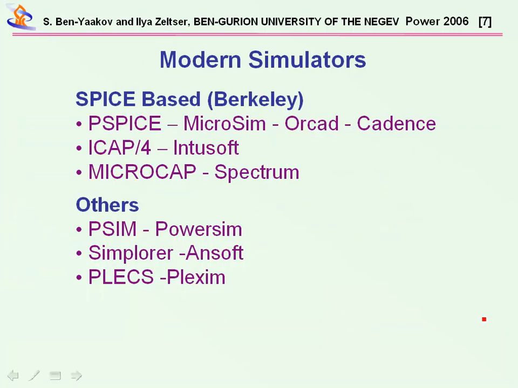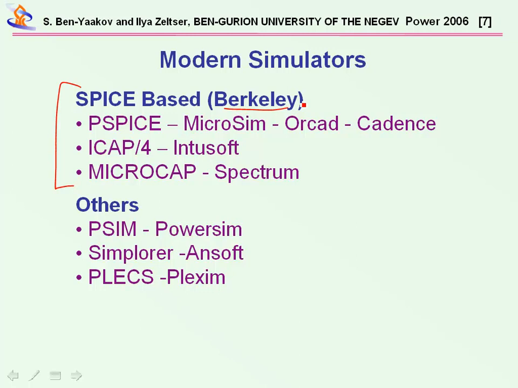So let's have a look now. What are the simulators that are available on the market? We have one group which is SPICE based, and they are actually based on a core which was developed many years ago, actually 1972 or something like that, at Berkeley University.